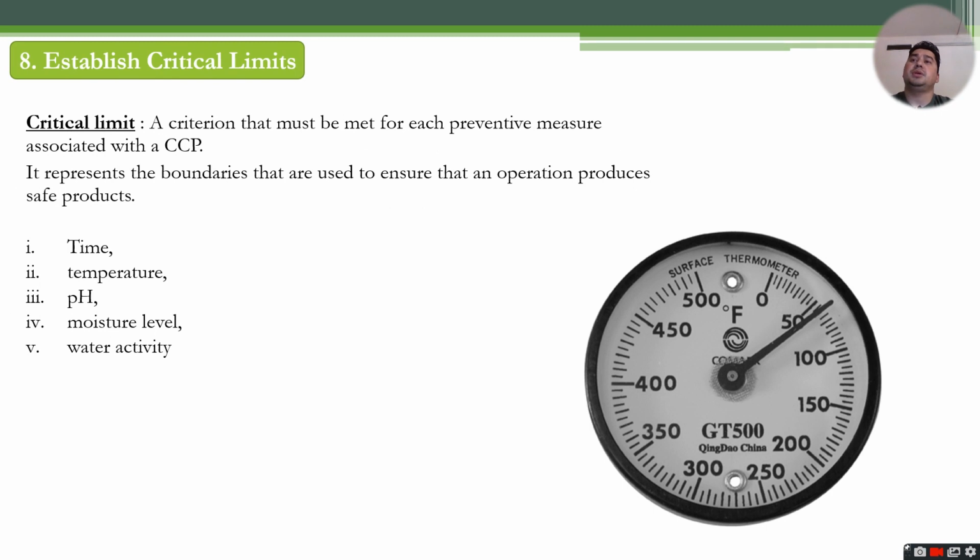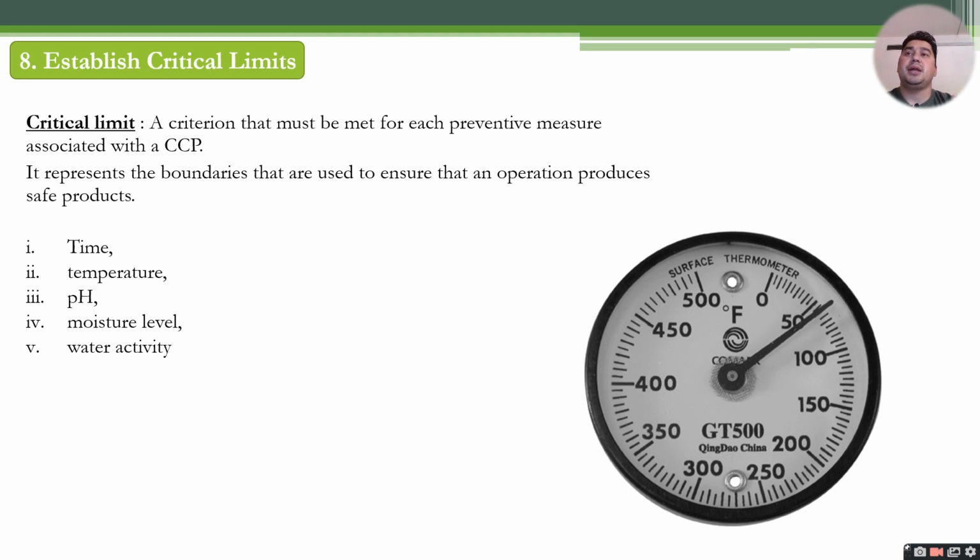After that, we have to establish critical limits. Once you identify the critical control point, you have to establish the critical limits. Suppose that one of your critical control points is cooking. So you have to establish the critical limits for cooking. What is a critical limit?